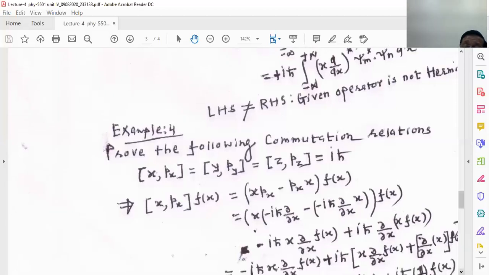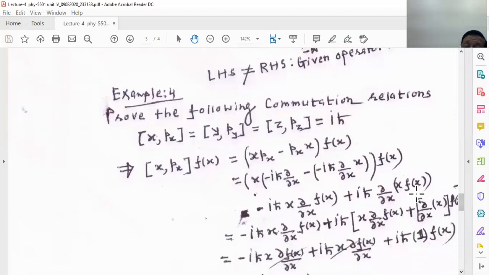Now if you simplify this, look at this. So this is minus iħ x del by del x of f of x, correct? This term, then I keep iħ as it is, and now this requires the product rule of differentiation. So first you keep x constant and differentiate f of x.